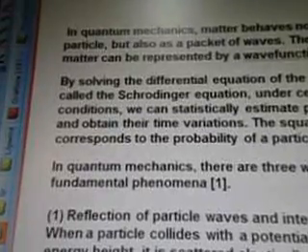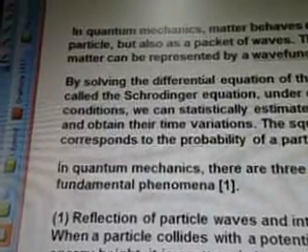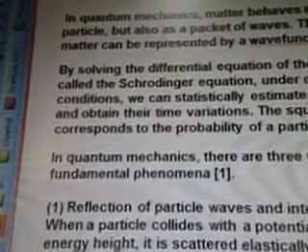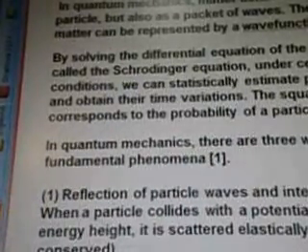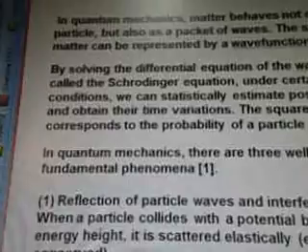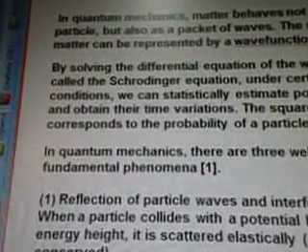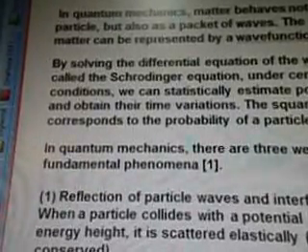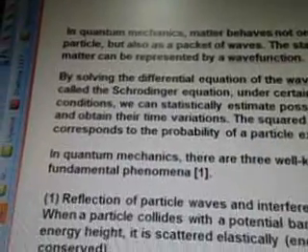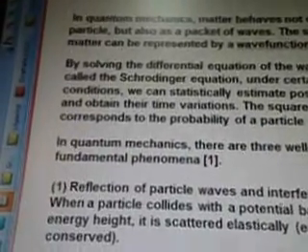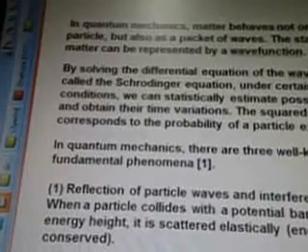The state of the matter can be represented by a wave function. By solving the differential equation of the wave function, called the Schrodinger equation, under certain given conditions, we can statistically estimate possible phenomena and obtain their time variations.